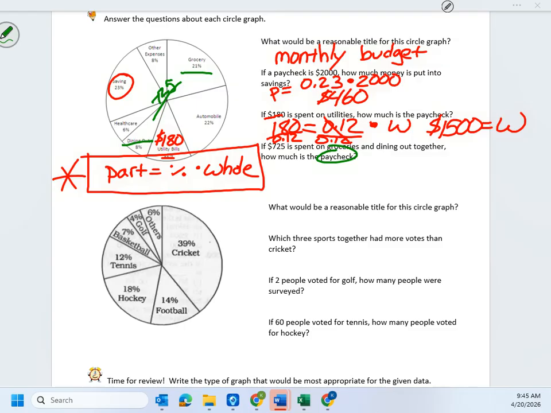Who can tell me what the equation is going to look like that we are going to solve for? What do you think, Joy? 725 equals what percent?